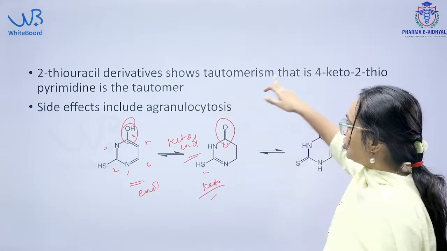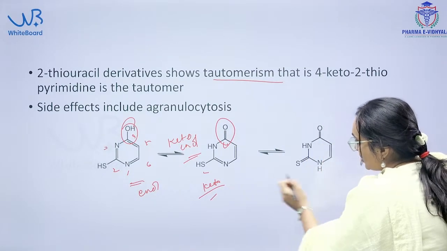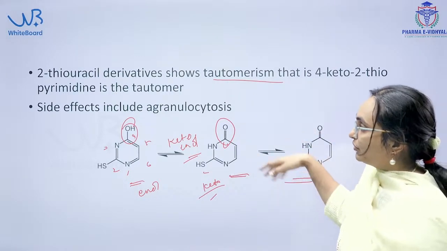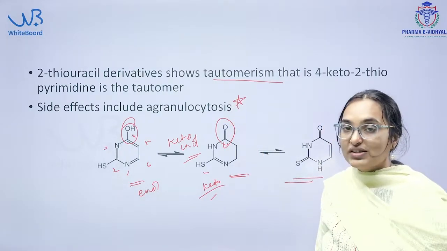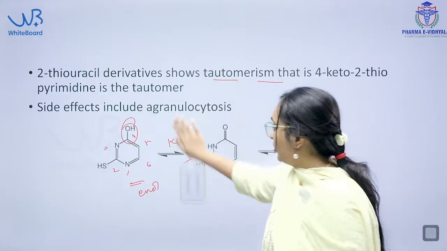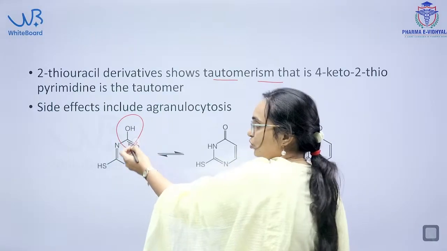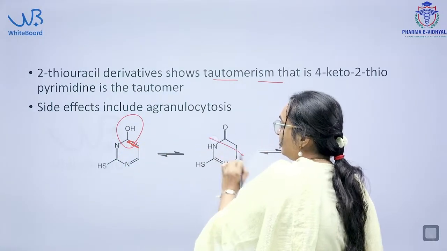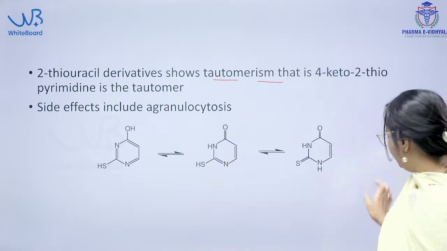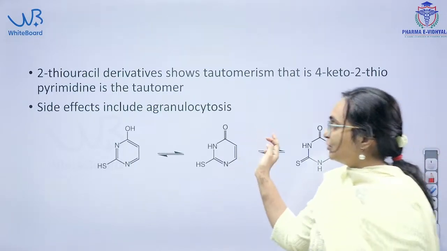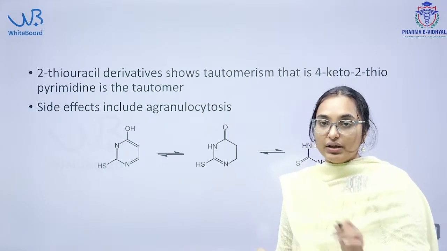These two are the tautomers of 2-thiouracil. The side effect of thiouracil is agranulocytosis. So, which of the following drugs shows tautomerism? 2-thiouracil, because it has the OH group and a double bond, so it undergoes keto-enol tautomerism. Agranulocytosis is a side effect. So these are the important points we have covered in the thyroid gland and anti-thyroid drugs.